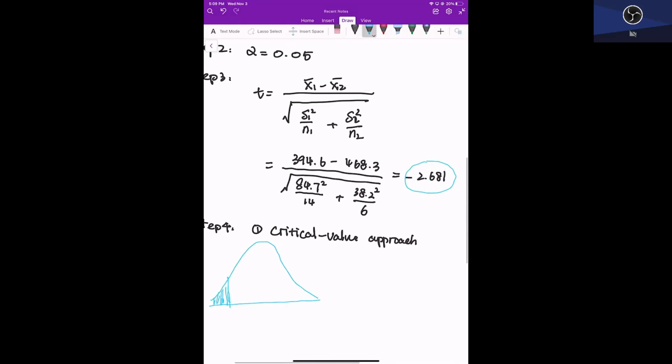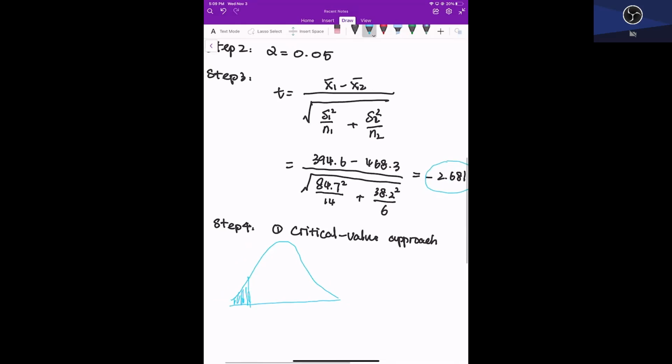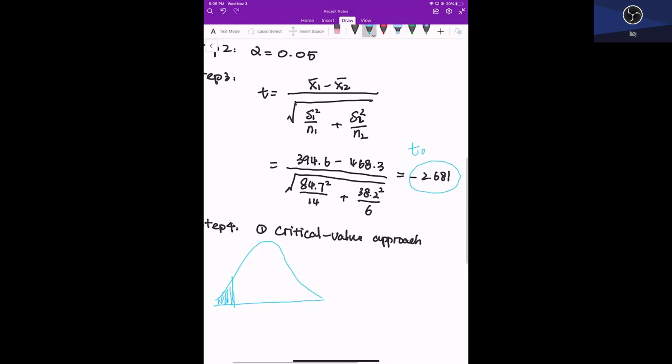And the value we've got is our T0. Your T0 is negative 2.681. Just keep it there. We're not using it for now.